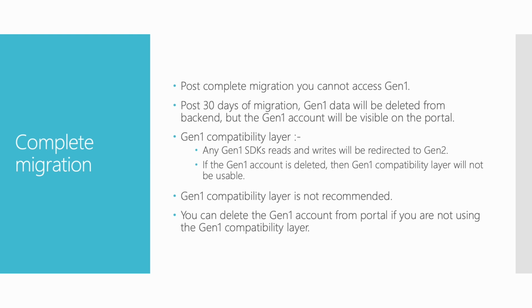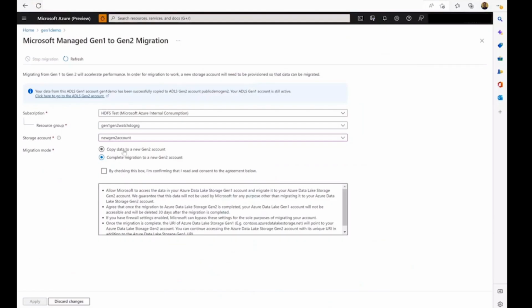So now let's go back and select the complete migration. This is the consent page. We consent in the same way. Here you can read this information that our account was copied to the public demo Gen2 account.